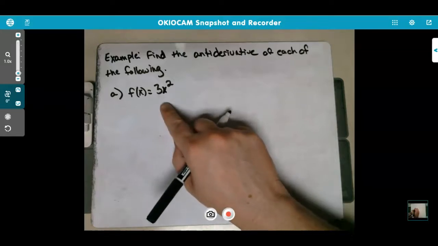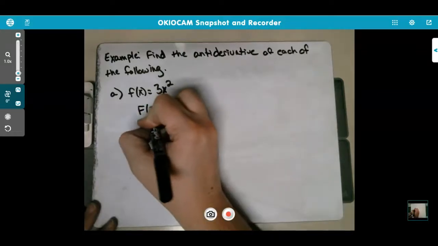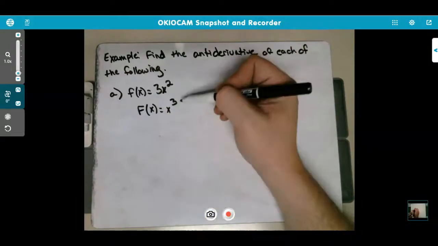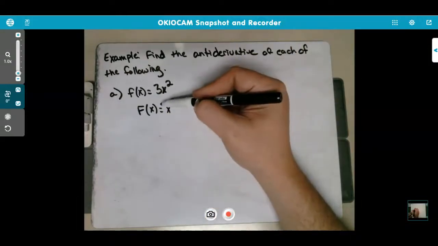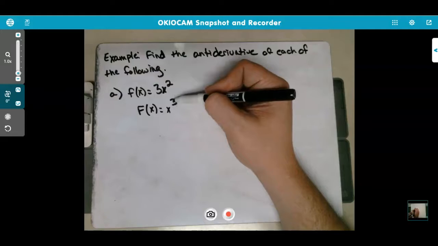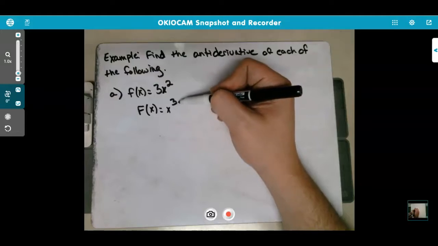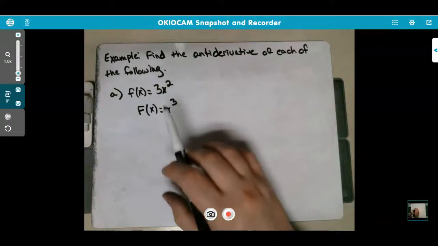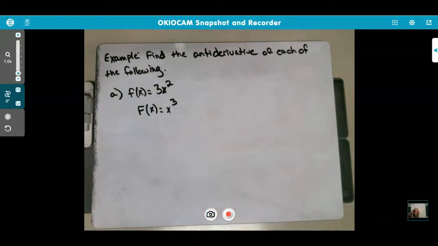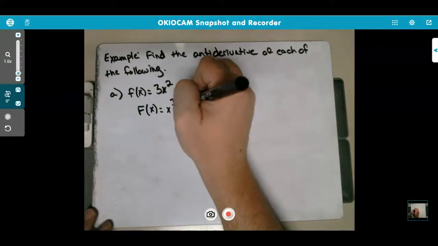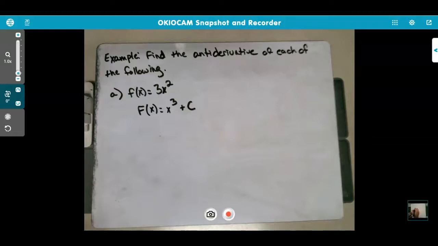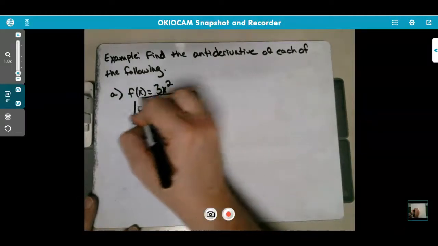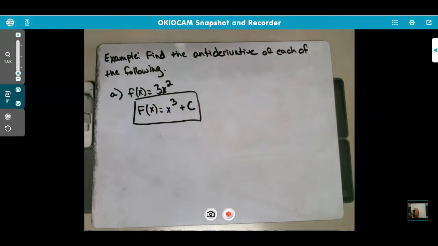Well, remember the derivative of x to the third was 3x squared because I would bring my power down, which would make it 3, x to the power now of 2. So how I got a derivative of 3x squared is I used x to the third. But remember, I have to do this plus c because there may be a constant there. So the antiderivative of 3x squared is x to the third plus c.